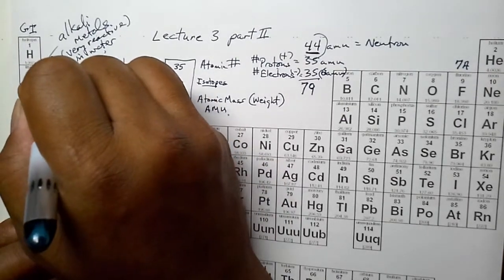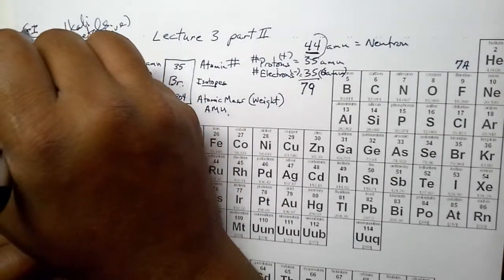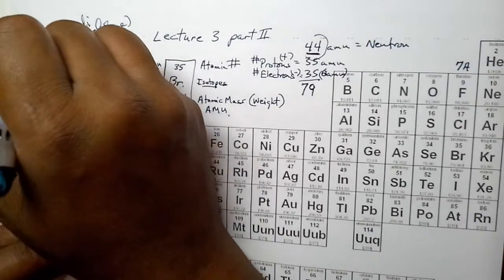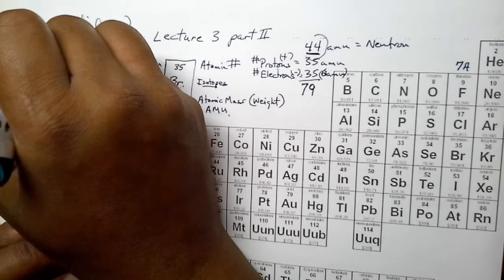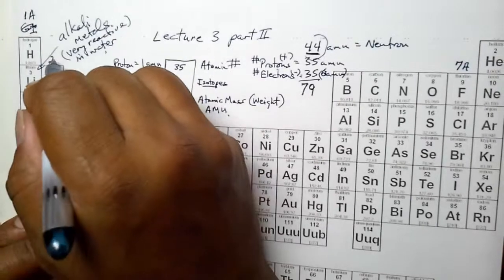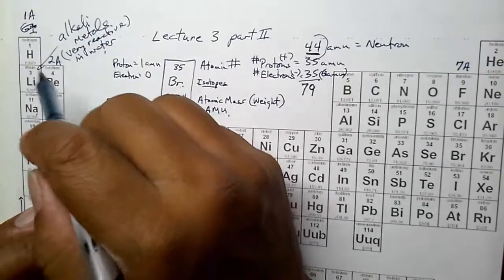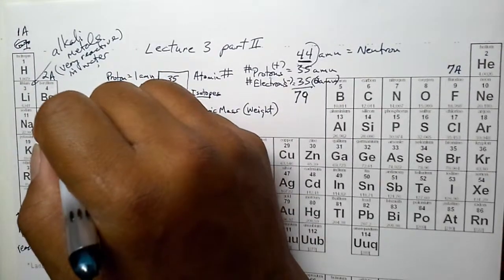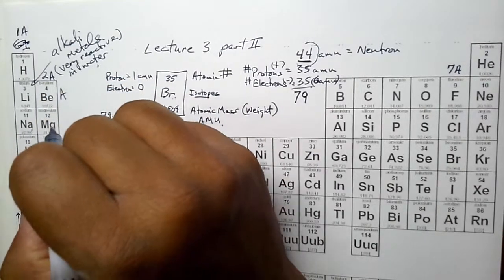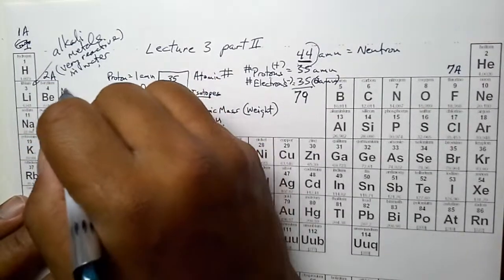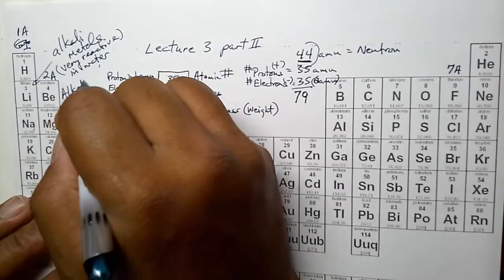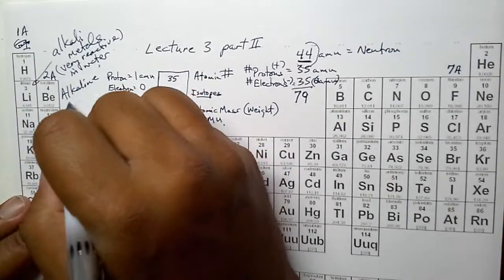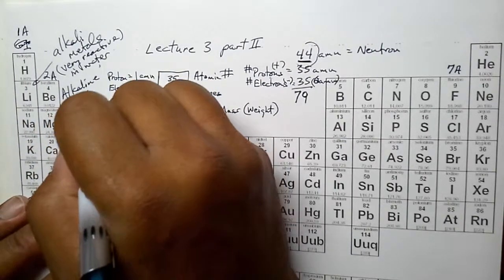Group 2, I'm sorry, this is group, what did I call it? Group 1A, so it should be 1A. Group 2A consists of elements that belong to the alkaline earth metals.